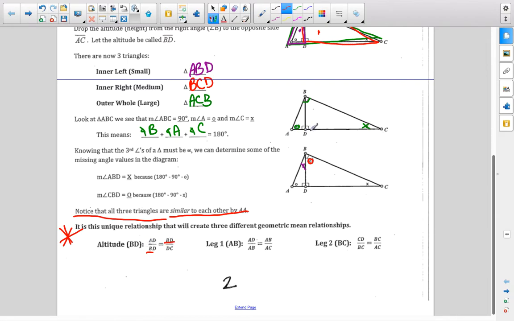So AD is the short leg of the little one. So I'm going short of the little. I'm going to do that in purple because the little one above I did in purple up here.